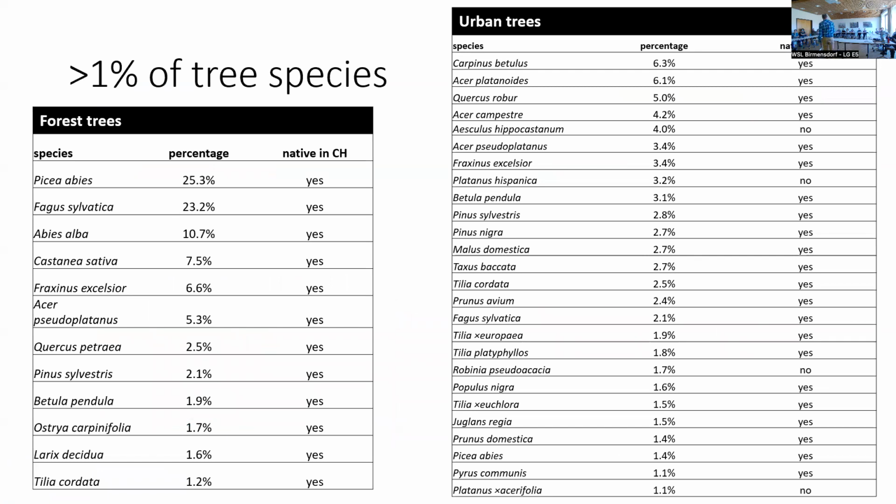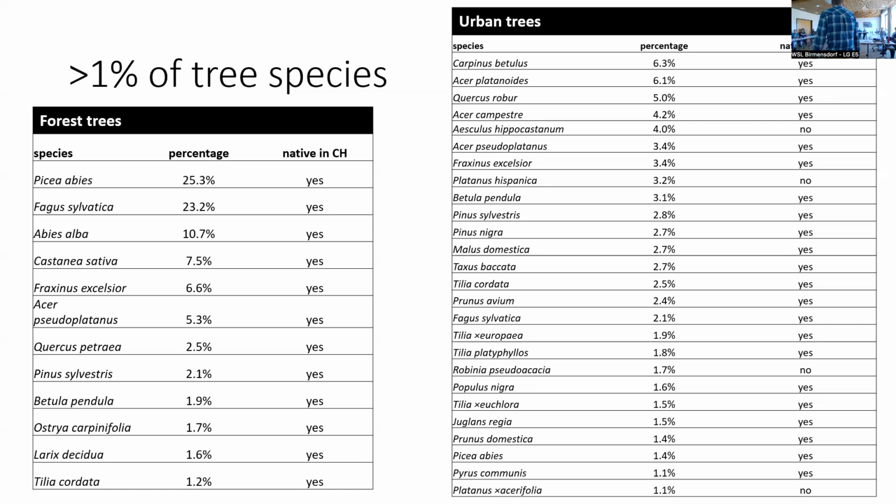Now, if we look at species richness, we also should look at frequency. And this is not a nice analysis, this is just putting two lists next to each other. But we can already learn a lot from this, right? This is all tree species that make up more than 1% of the originating data sets. And we see already quite a difference, right?